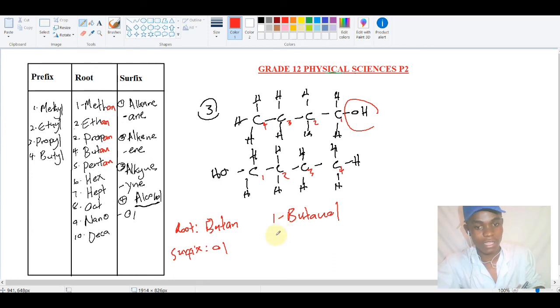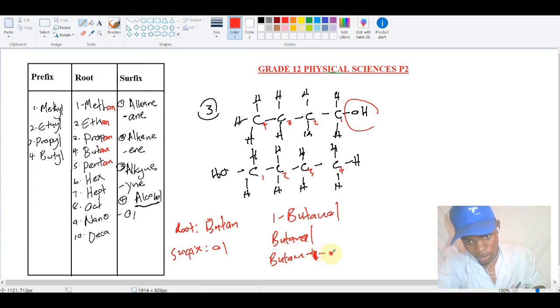So butanol is a correct name, and butanol without the location is also correct. And then someone will come and say butan-1-ol. All three names are correct. They mean the same thing.